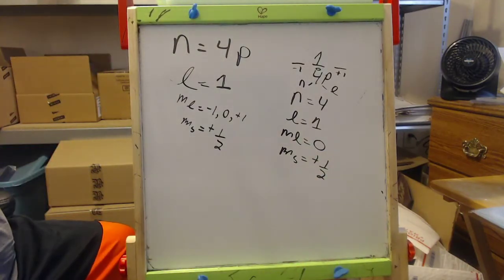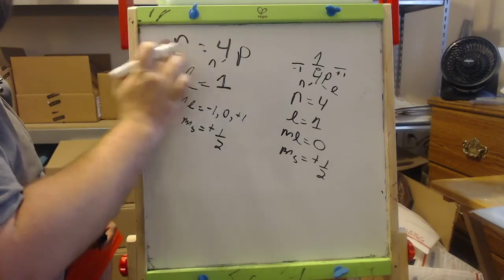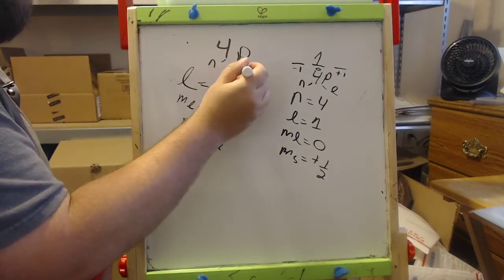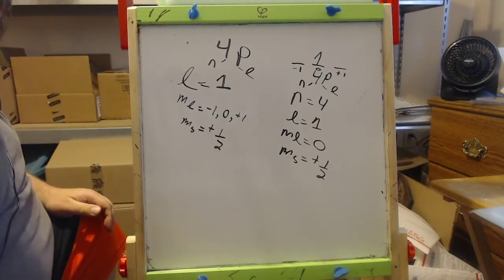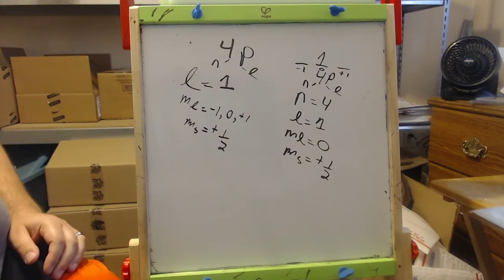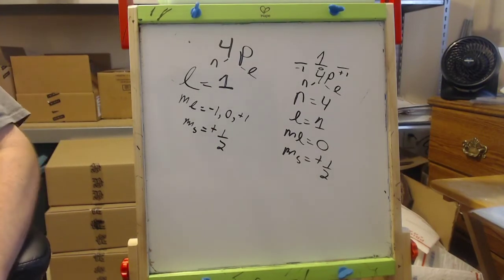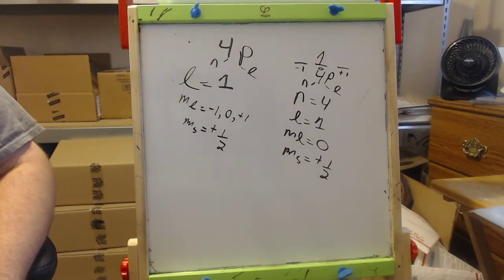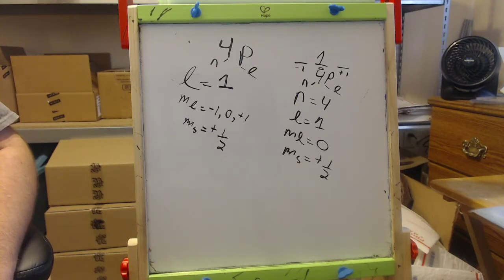So the question is, are you being asked a general location, a more specific location, or the most specific location for the electron? Does that clear it up?